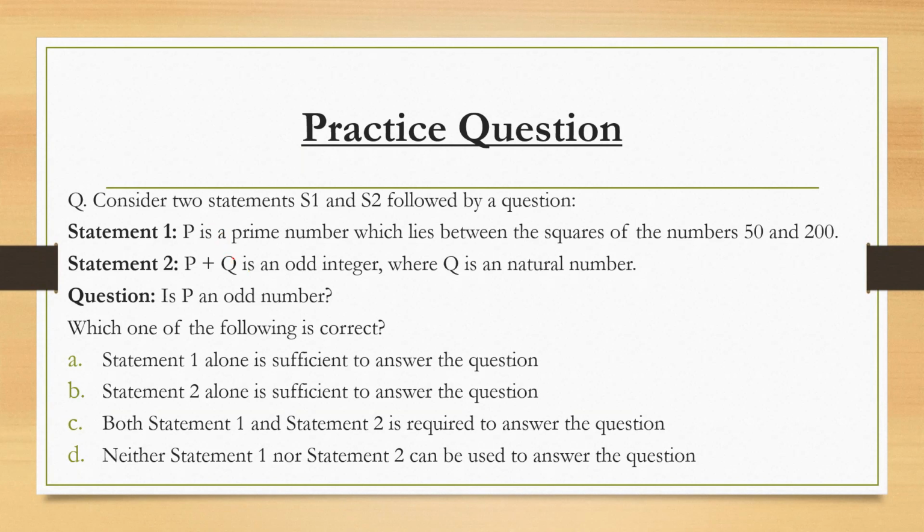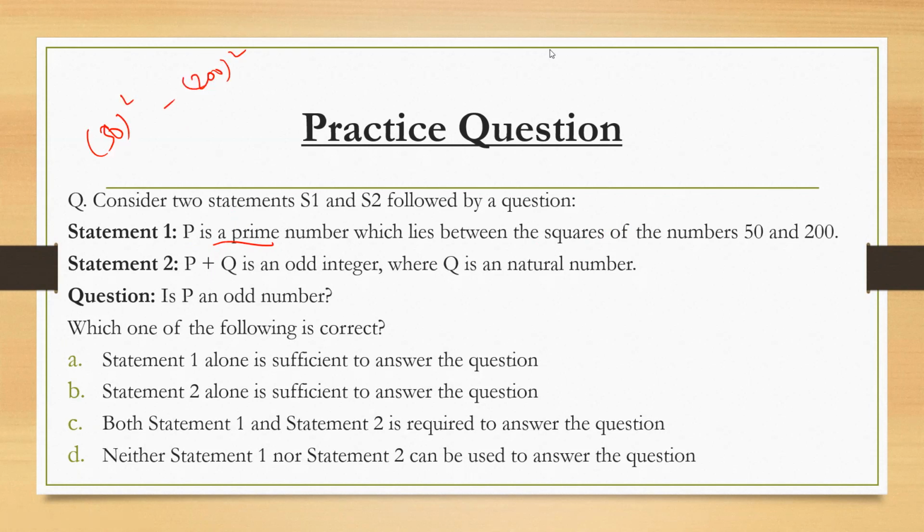Okay, so what do we have here? P is a prime number which lies between the squares of the numbers 50 and 200, right? That means P is a prime number which lies between 50 square and 100 square, right?